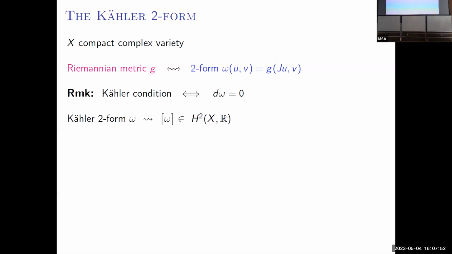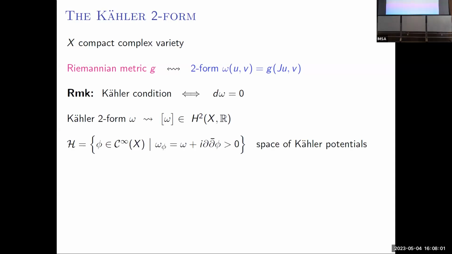And associated with it we can look at the cohomology class. I think this was introduced by Rudy this morning. We can consider the space of all Kähler metrics in the same given cohomology class.